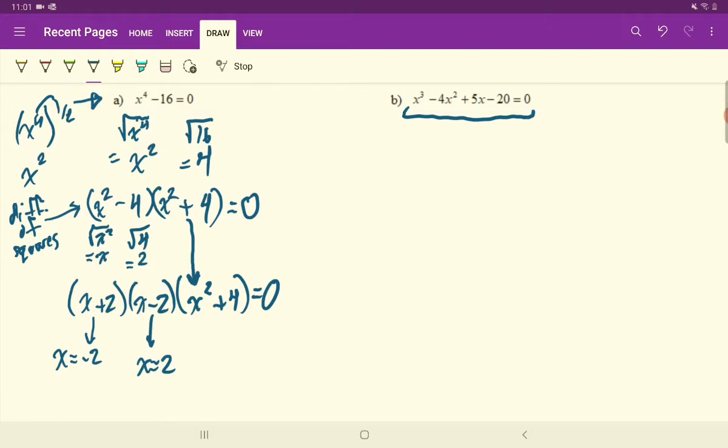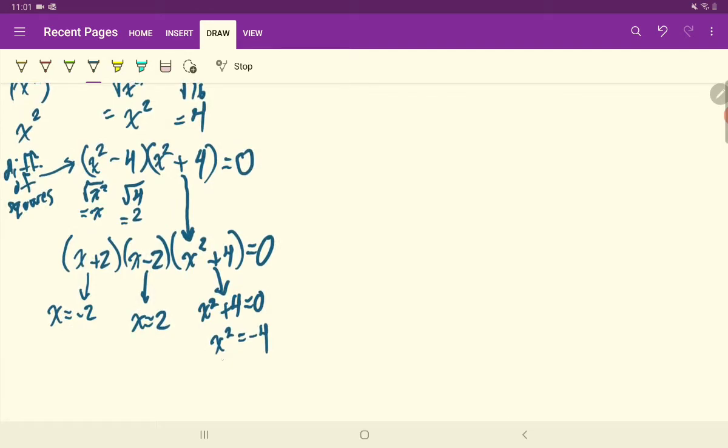Look what happens when we set this equal to 0 and solve for x. We end up with x squared equals -4. Now, to solve for x, we would have to take the square root of -4. Is that possible? No. So this does not exist.